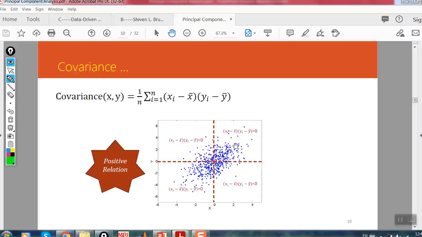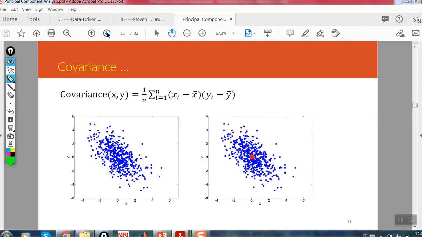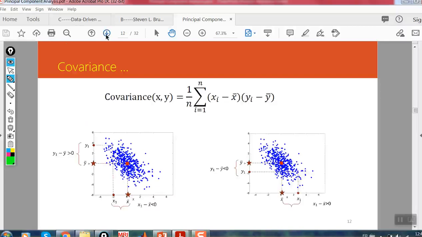Then the relation of the data with this direction is positive. And then if we have data with this direction, the covariance would be negative. Again, we calculate the mean, we project the mean on the x direction and y direction.